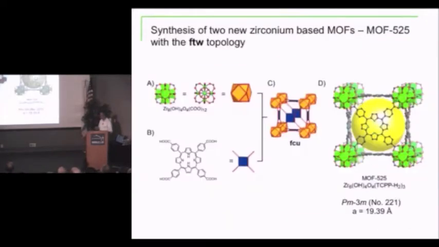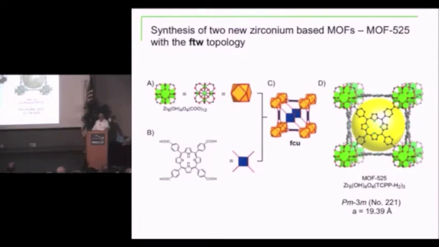The MOFs originally were not highly stable in water, but recently zirconium MOFs have shown exceptional chemical stability. So MOFs in general are very stable, thermally stable up to 300 or 500 degrees C. That is routinely known for MOFs because they're made from very strong bonds, metal-oxygen bonds and carbon-oxygen bonds and carbon-carbon bonds.